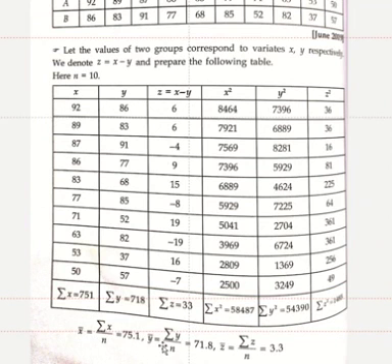Similarly, y bar is equal to summation of y divided by n. The summation of y is 718, n is 10. Therefore, 718 divided by 10 is 71.8. Similarly, z bar is equal to summation of z divided by n. The summation of z is 33, n is 10. 33 divided by 10 is 3.3.